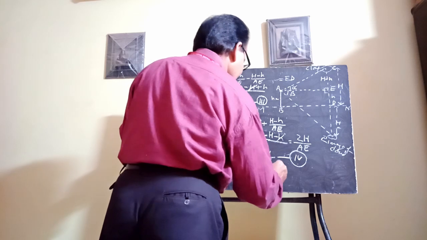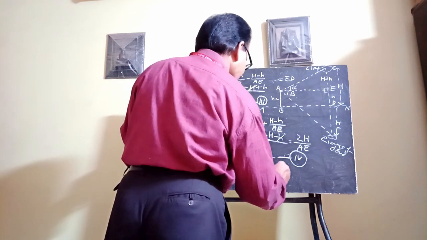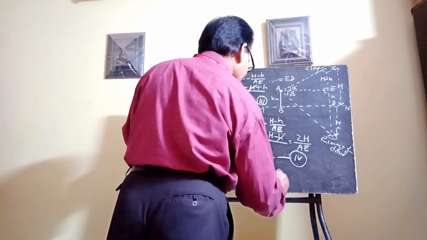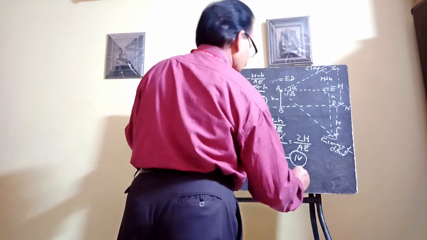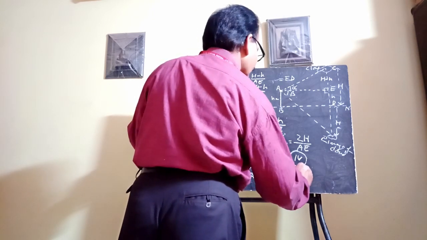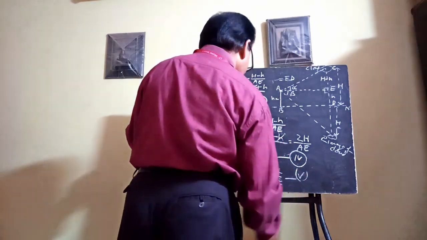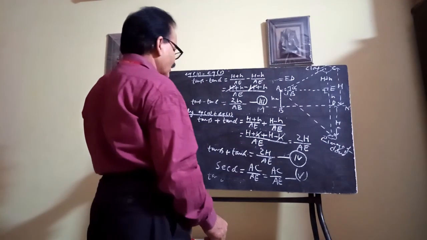So AC by AE, this is your equation 5. So these values you have got.